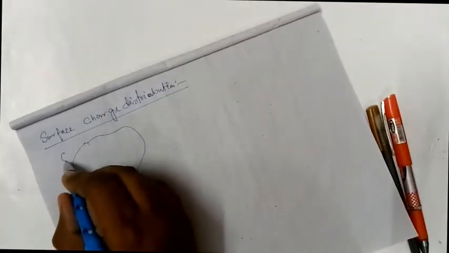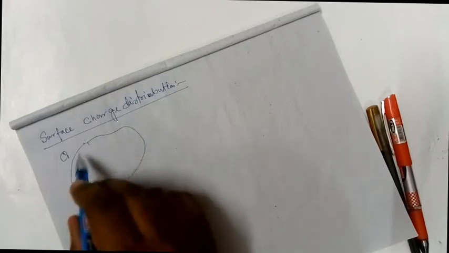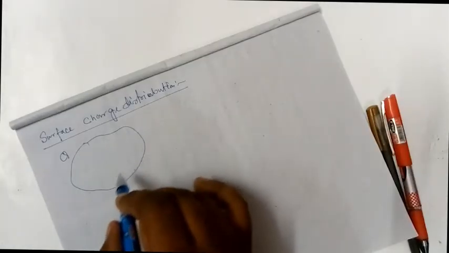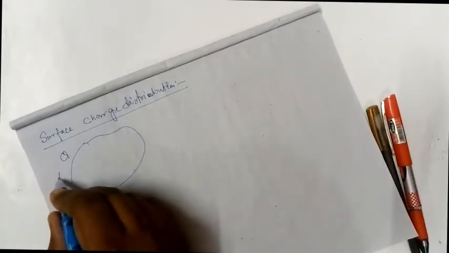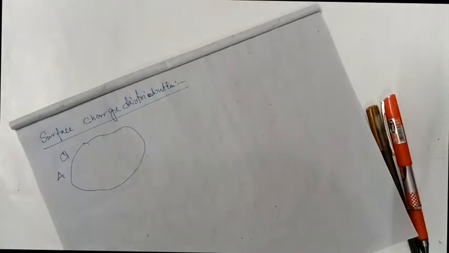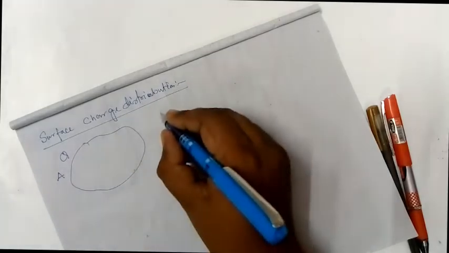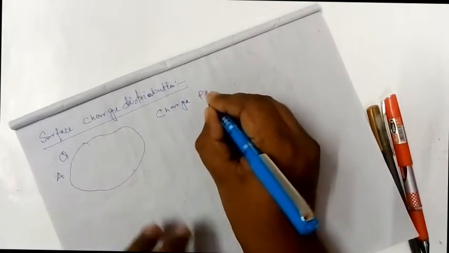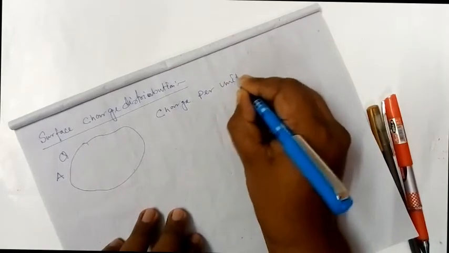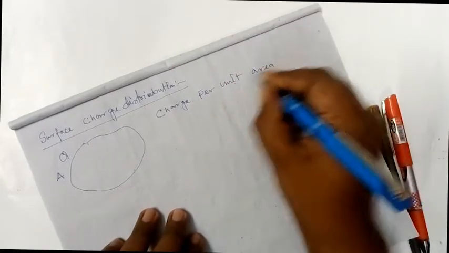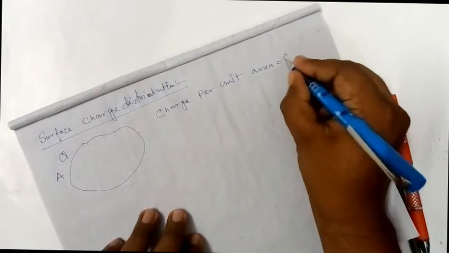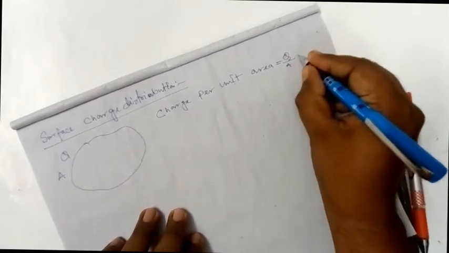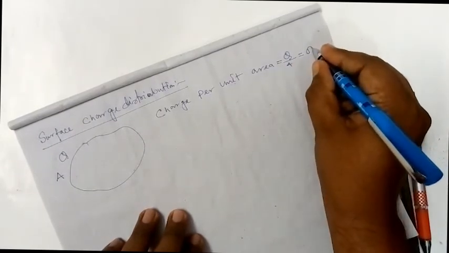The total charge is q, and as it is distributed over a surface, we can assume the surface area is A. So it is clear that we have to find out charge per unit area. That should be q by A, and it is denoted as sigma.